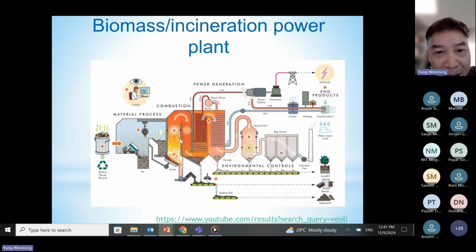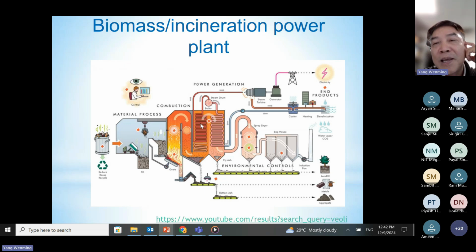Then we can see we have a few heat exchangers. This one is a superheater, and this one is an economizer. This one also is an economizer. These are three different heat exchangers. When the flue gas flows through this path, the heat will be transferred to the water and convert the water to steam.